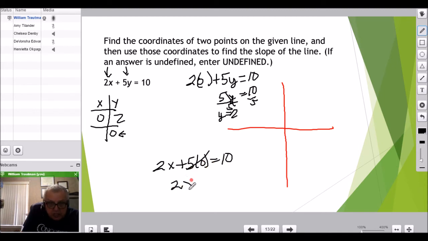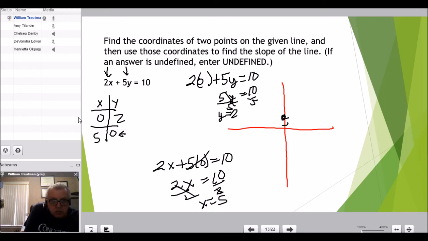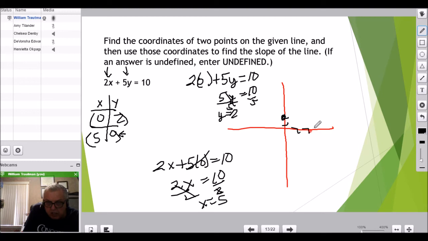I'm just left with 2x equals 10. Divide both sides by 2, and I get x equals 5. So here are my 2 points: 0, 2, and 5, 0. Here's 5 way over here. Connect the dots and we're good to go.